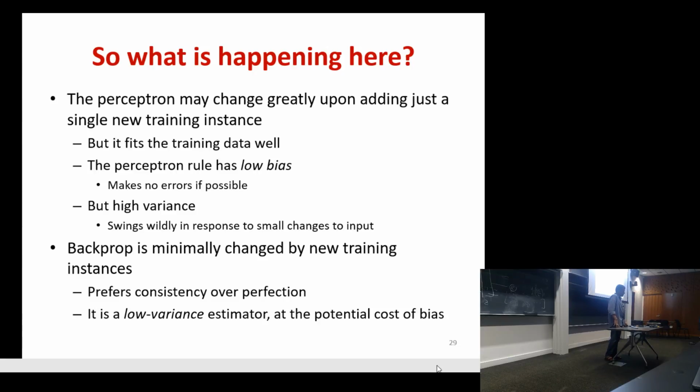But the variance is enormous. Every time you change one training point, it's going to swing all over the place. Whereas backprop is not really going to be affected that much, meaning it has a bias. Anytime you put some constraints on what you learn, it has a bias. It's sometimes even guaranteed to not find the solution, right? On the other hand, it's not going to swing about widely in response to small changes of the input.